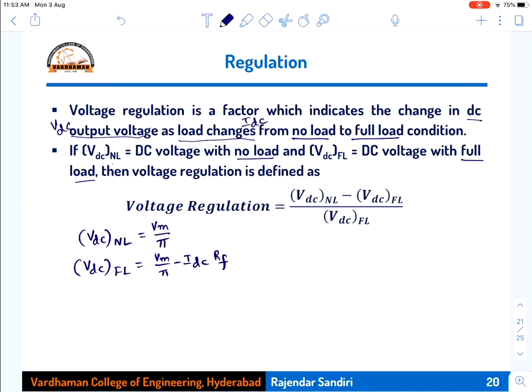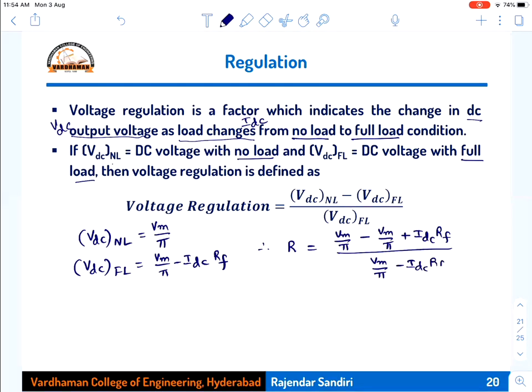Then you substitute both of them here. Therefore, voltage regulation R is equal to Vm by pi minus Vm by pi plus IDC into RF, divided by Vm by pi minus IDC into RF.